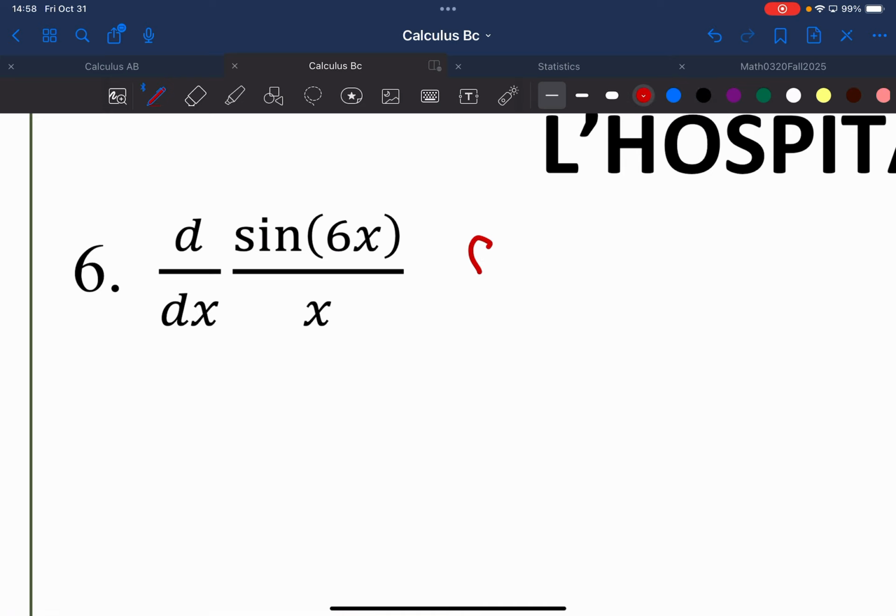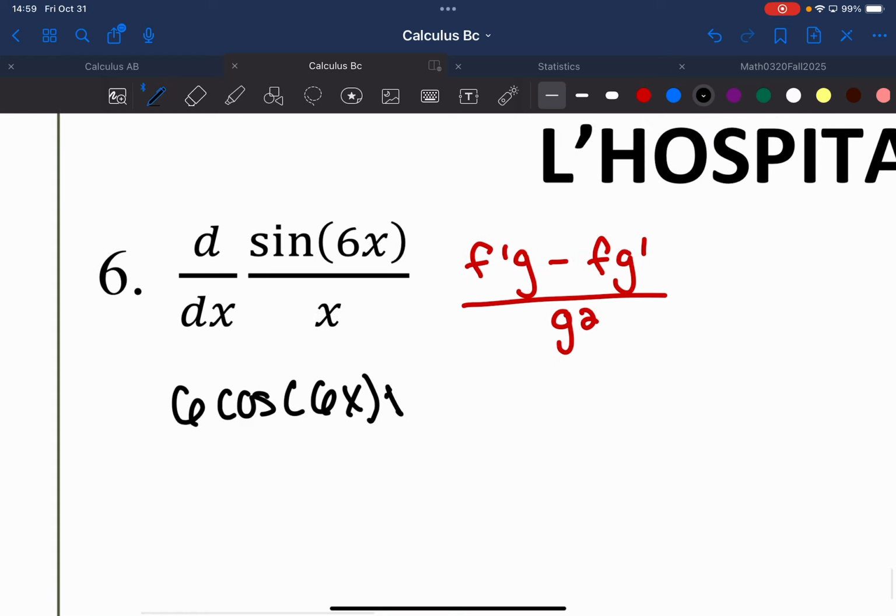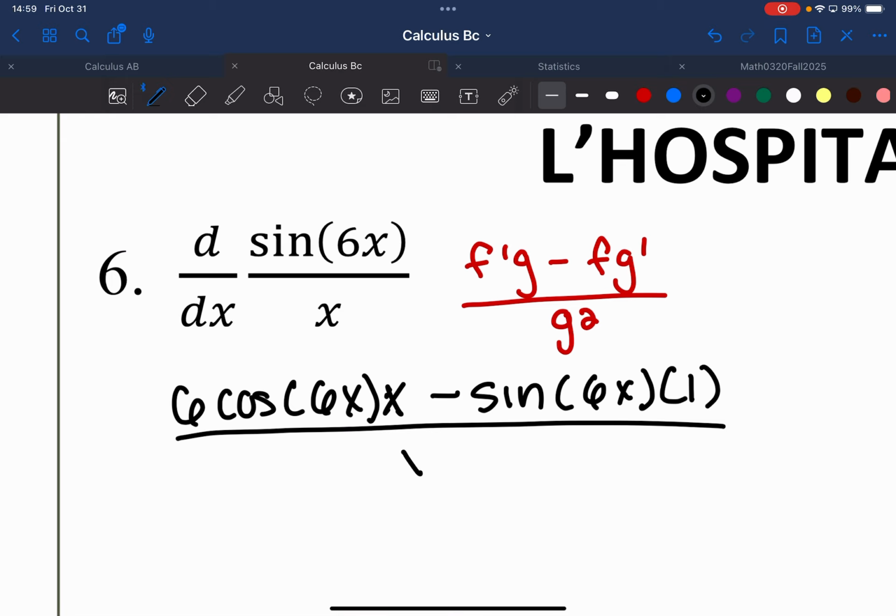And the quotient rule is f prime g minus fg prime all over g squared. So let's go ahead and use that quotient rule and take the derivative of sine 6x over x. So what would be the derivative of sine of 6x? 6 cosine 6x. And then we multiply it by g, so there's an extra x, minus sine of 6x times the derivative of g, which is 1, all over x squared.